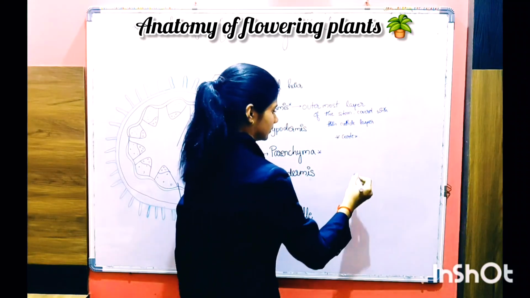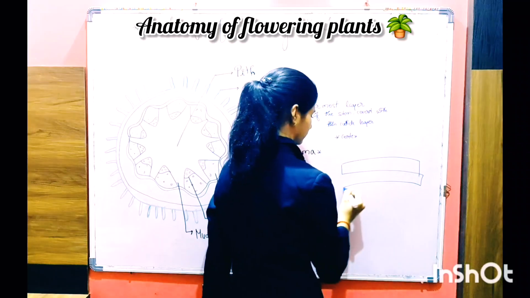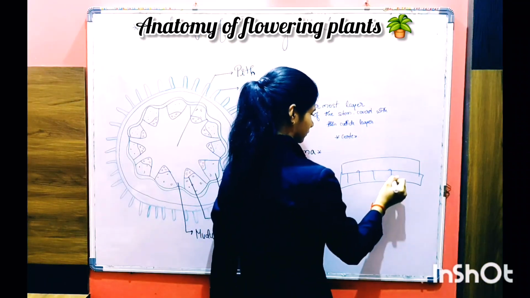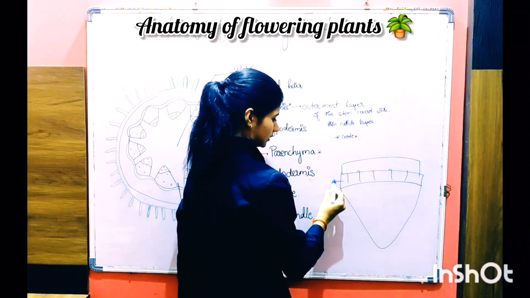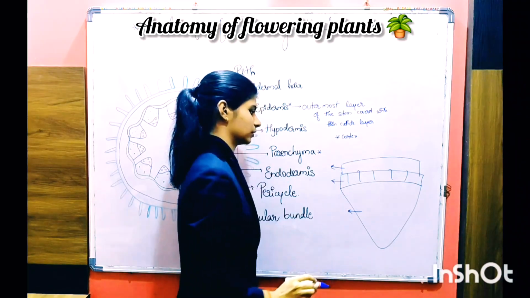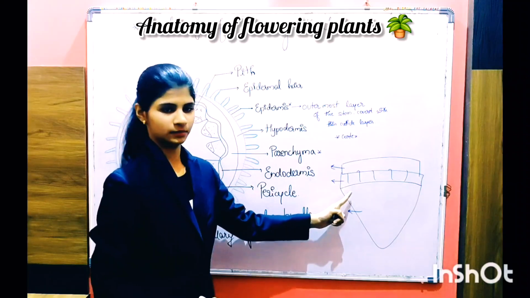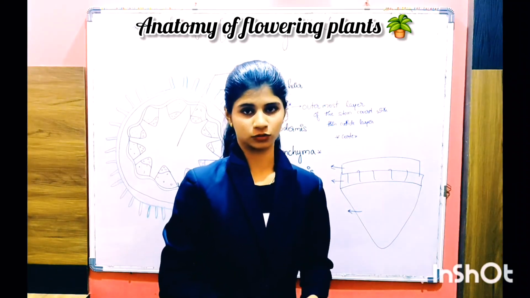It will look just like this: xylem, phloem and cambium. The presence of cambium is only in the dicotyledon stem or root.